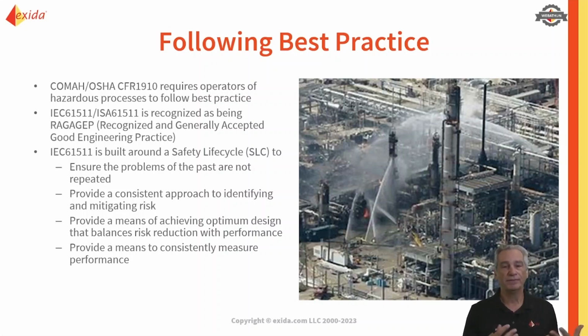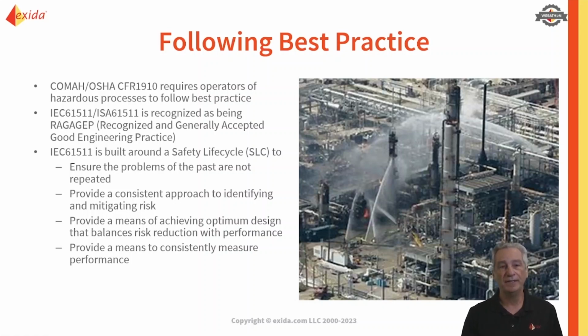So it's important that we understand the requirements of each of these phases. As I said, we want to try and avoid some of the problems of the past. We want to provide a consistent framework for us to be able to identify and, of course, mitigate risks posed by the operations and the process.